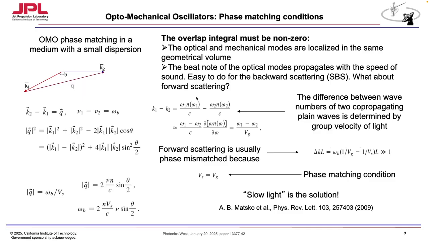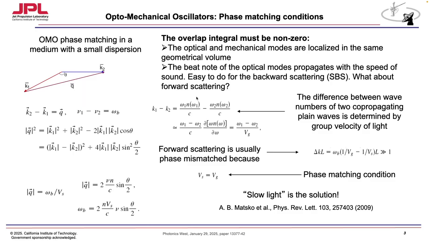It is possible to look at this explanation in a more illustrative way, and understand what we need to achieve to get good Brillouin scattering. We basically want the difference of k vectors to produce a k vector that coincides with the sound k vector. And what it means, let's consider, for example, backward scattering.